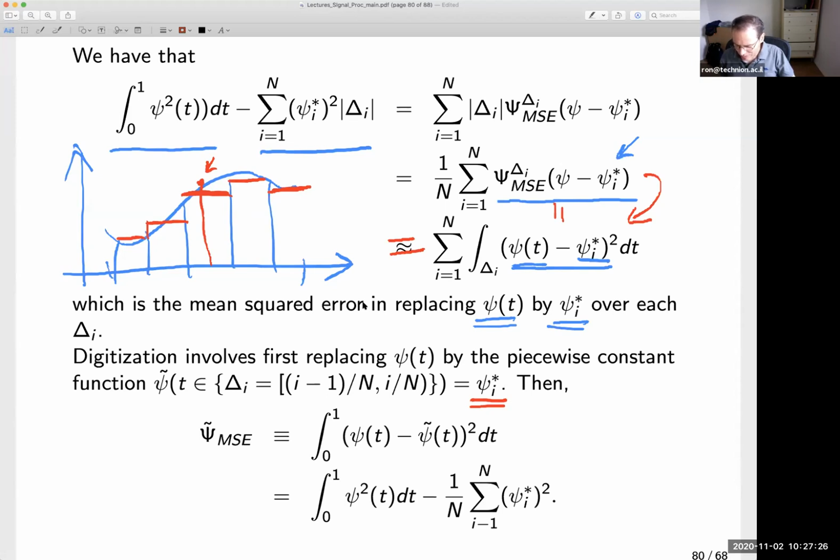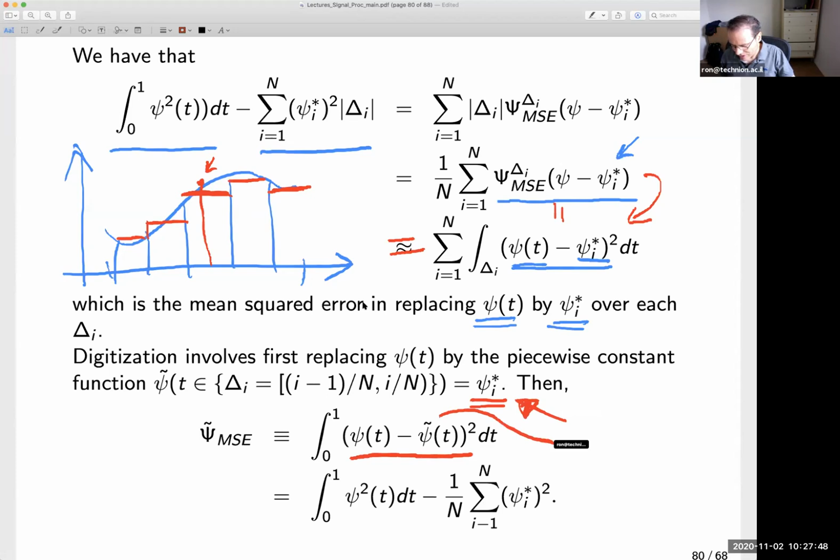This is the definition of this piecewise constant function, where in each and every interval I'm replacing the function with this average. So now the question that I would be asking is what would be the error of estimating my function with this average in each and every interval.